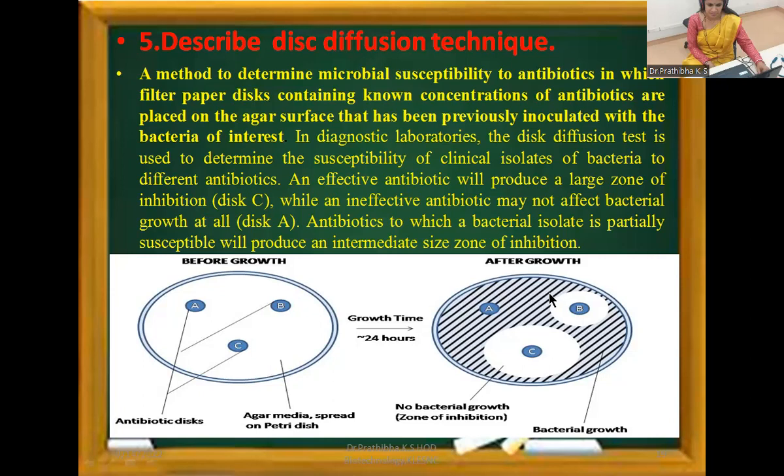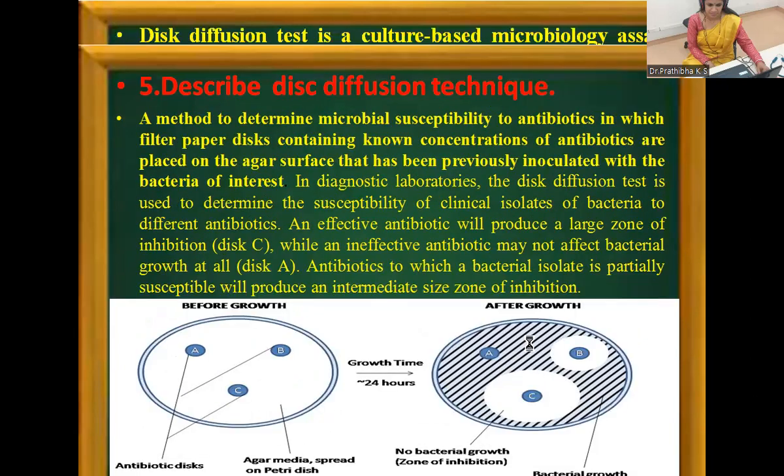This is the no bacterial growth, so this tells us about the zone of inhibition, where the antibiotic has inhibited or killed the growth of the bacteria. Here you can see the bacterial growth, and this antibiotic is unable to kill this particular bacteria, so there is no zone of inhibition here. Here there is a little zone of inhibition, and here you can see more inhibition.